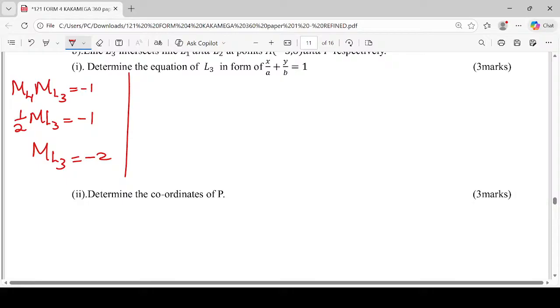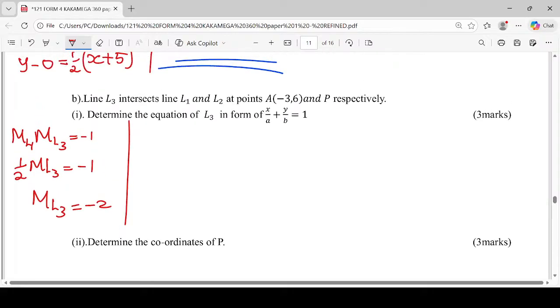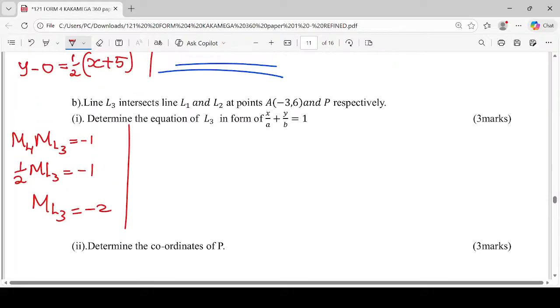After getting the gradient of line L3, because it intersects line L1 at the point -3, 6, I introduce another point xy. With our new gradient, we are able to get the equation.